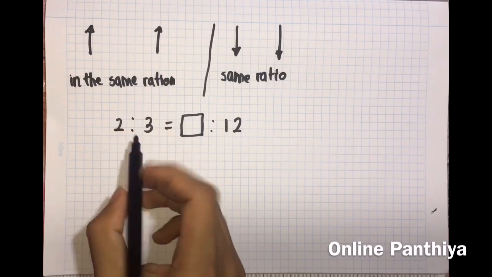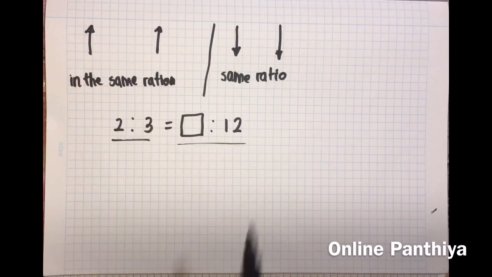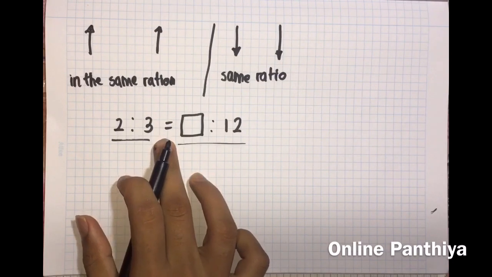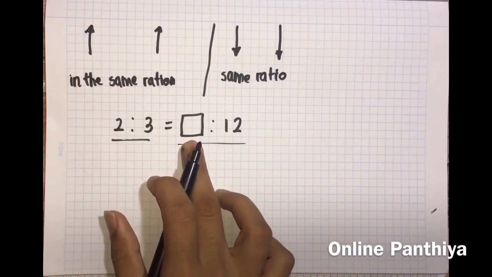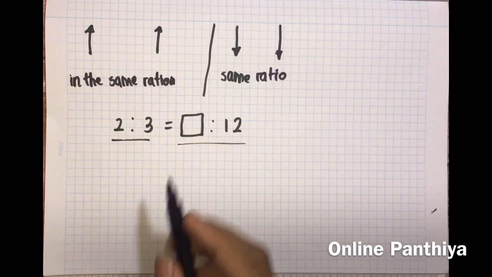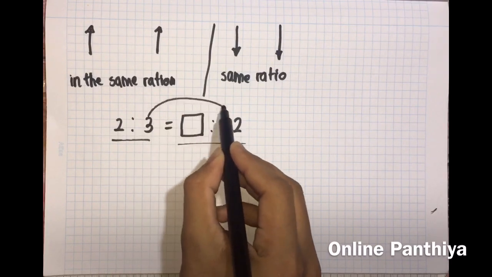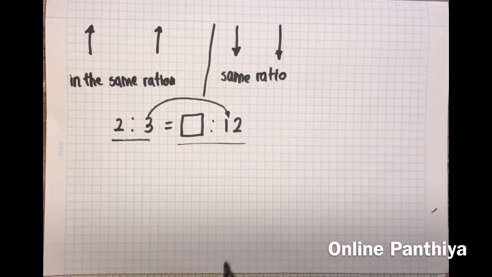Now these two ratios are the same, because the equal sign is given. You have 2 here, you have 3 here, you have to find this value, and you have 12 here. Now observe, 3 has become how much? 12, it has become 12. Here is where the ratio comes into play.